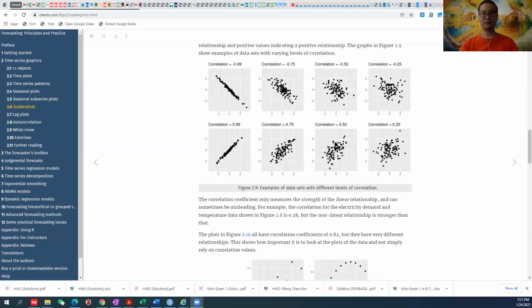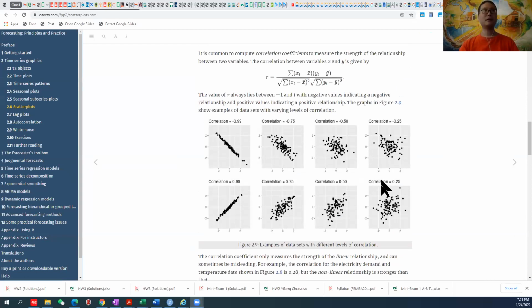Let me share my screen of an online ebook I used to do time series analysis, which is somewhat similar to previous examples we worked on for stock price relationship. This ebook is called Forecasting Principles and Practice. It uses R, another statistical package, just like Excel, to do data analysis.